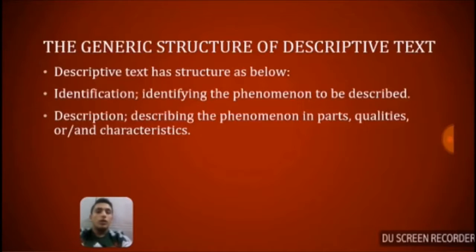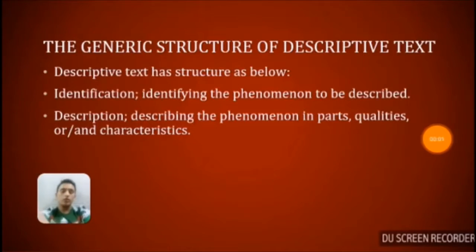And for that, the third one is to use adjectives like tall, small, short, and that's how it's structured. This is the generic structure. It's not how you identify the phenomenon, just the structure of descriptive text.